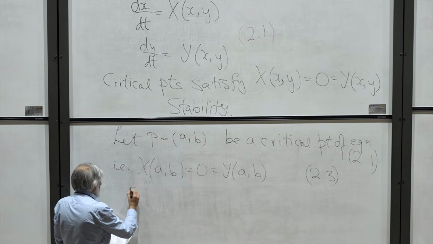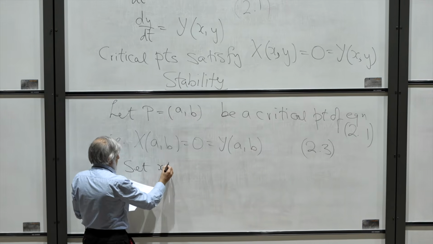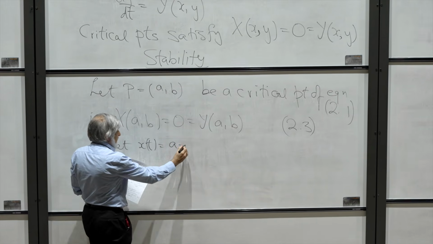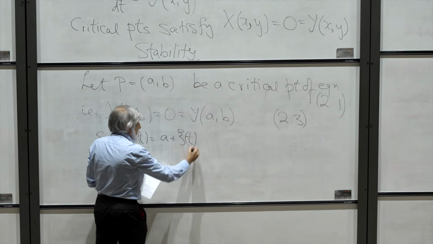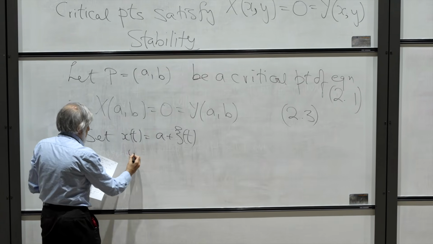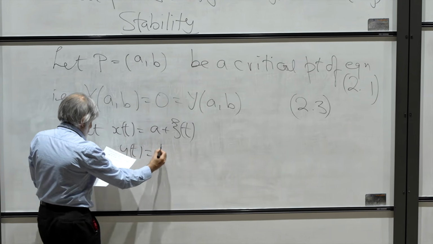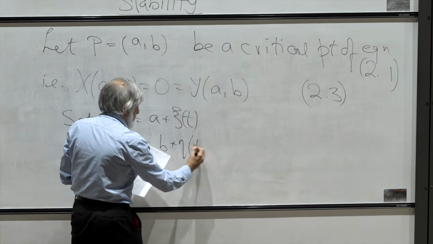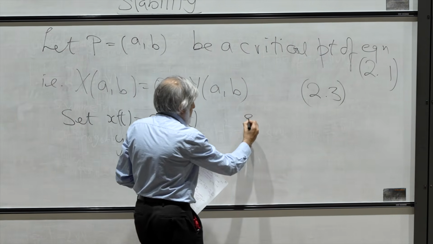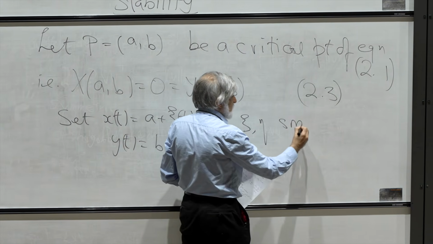So we set x of t to be a plus some xi of t, and y of t to be b plus some eta of t, where xi and eta are small.